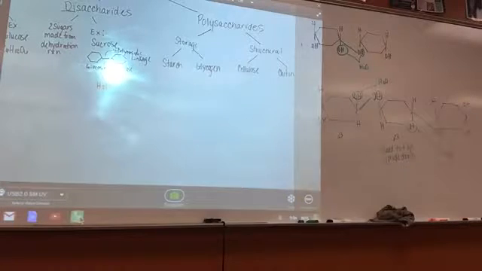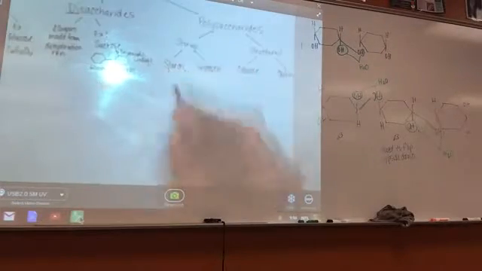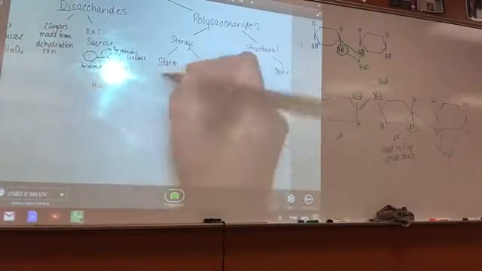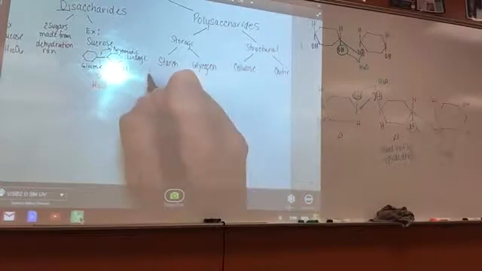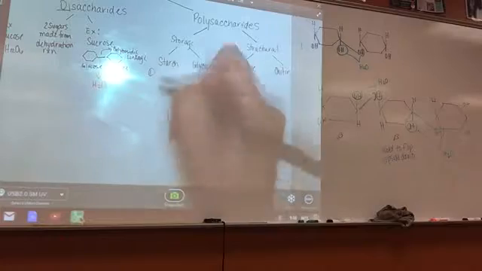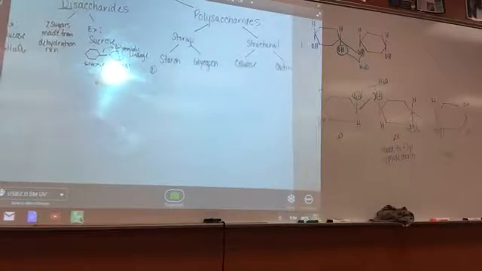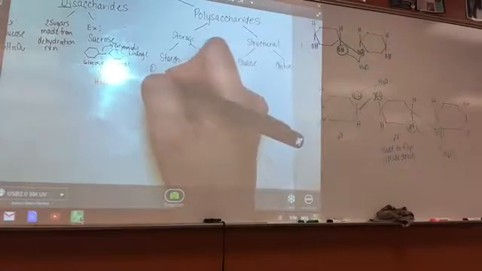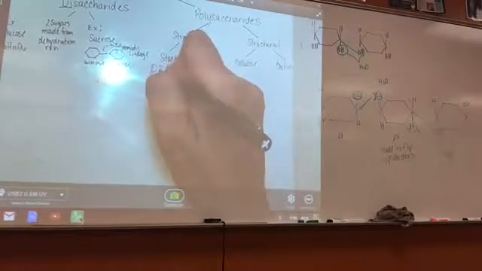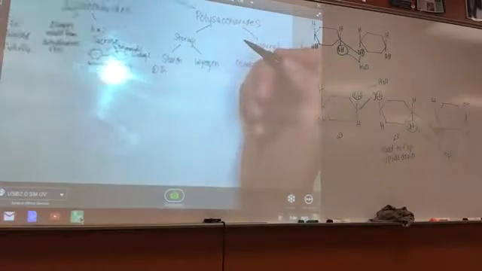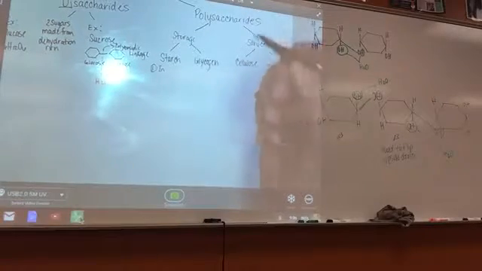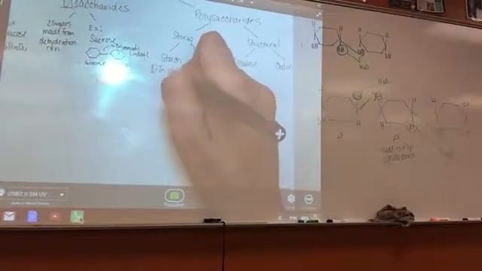Is that helpful? Okay, so starch, we could write, and I'm going to run out of room width-wise, so instead of branching out, I'm just going to put numbers and write things about starch underneath it. All right, so starch, we could write where they're located. Where are they located? Plants, right?